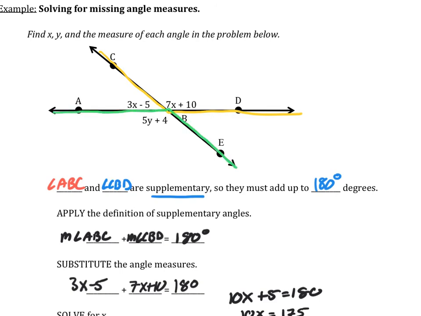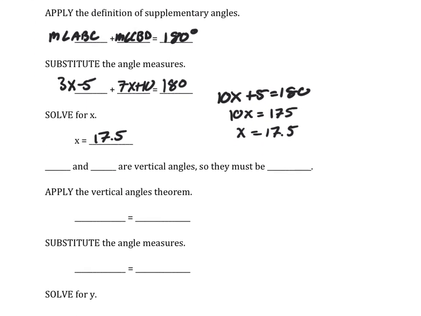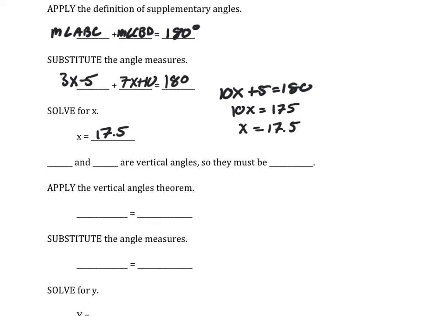And the special thing about vertical angles is that they are congruent, right? That's very important. So vertical angles are congruent. So we have angle CBD and angle ABE. We said they're vertical. That's very important.